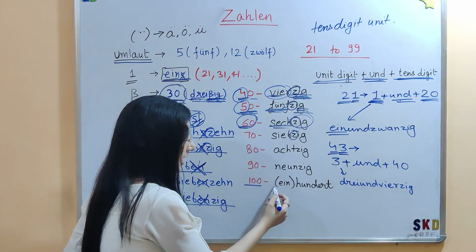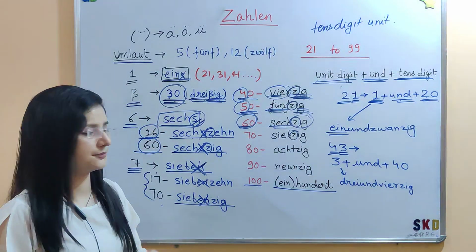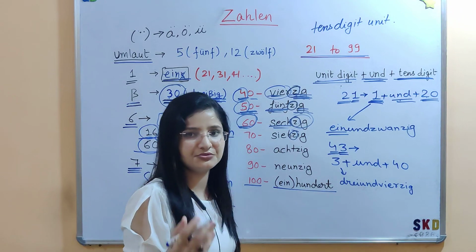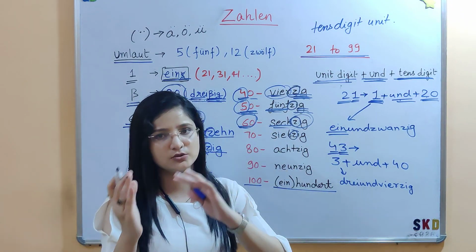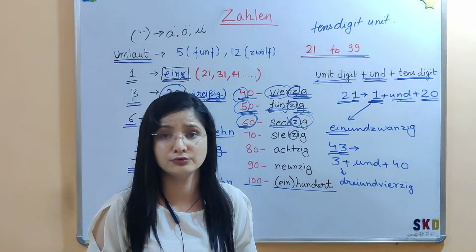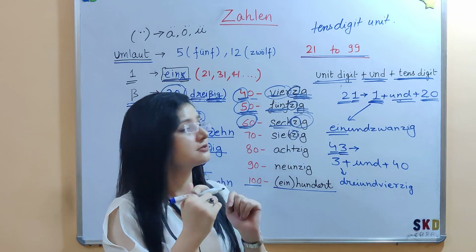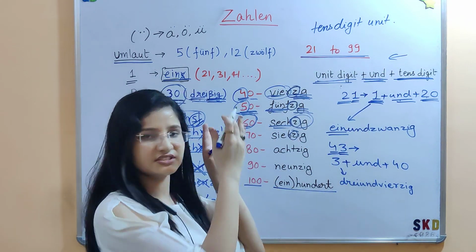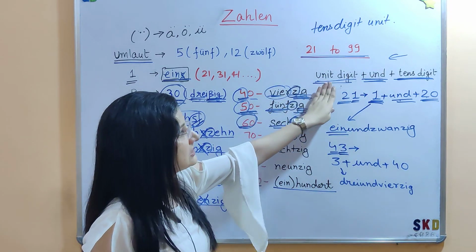Now 100 is hundert. The numbers from 21 to 99 follow just a reverse rule, or vice versa, to the rule in English. In English, if we start from the left hand side, it is the tens digit and then the unit digit.